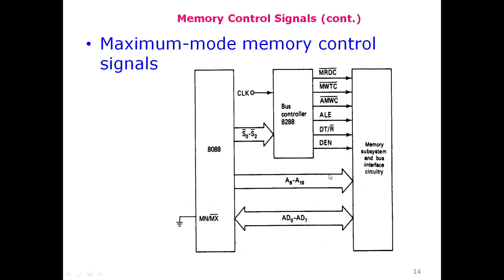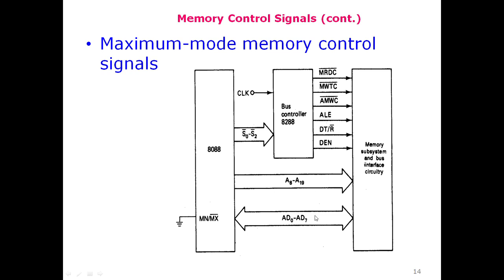Together with these control signals, the address and data bus is connected with the address and data pins. These 8 pins, AD0 till AD7, are multiplexed in the 8088 microprocessor, while the pins A8 till A19 are not multiplexed.